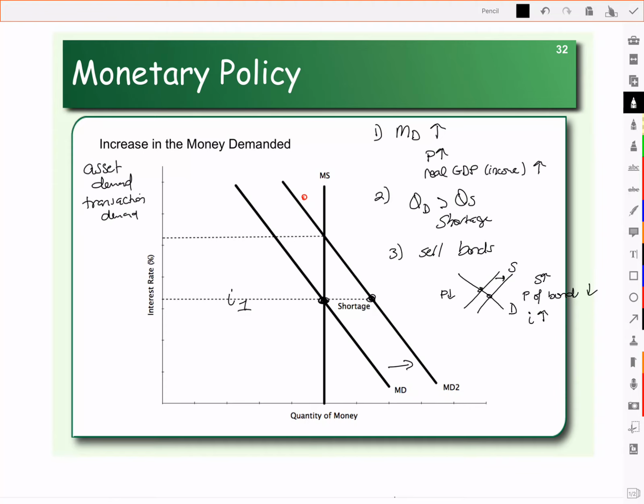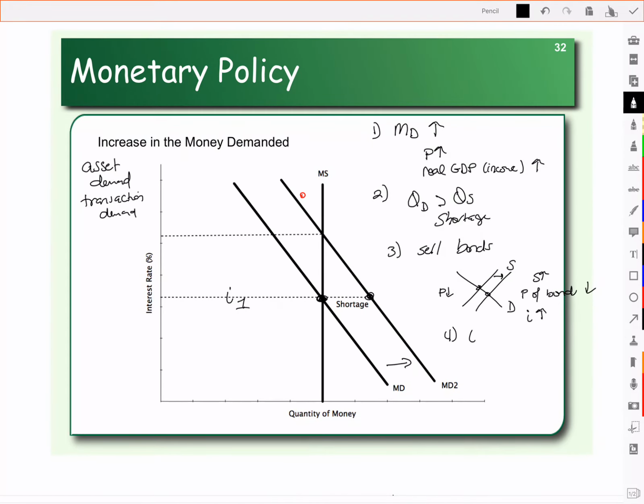So how do you entice people? Well, you have to raise the interest rate. And so when we sell bonds, interest rates go up, which means when the demand for money increases, interest rates will go up. And you can see here, we end up at this higher interest rate.